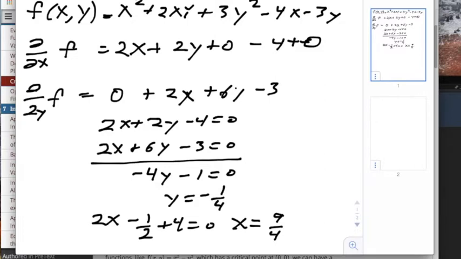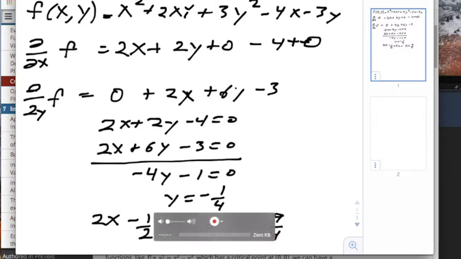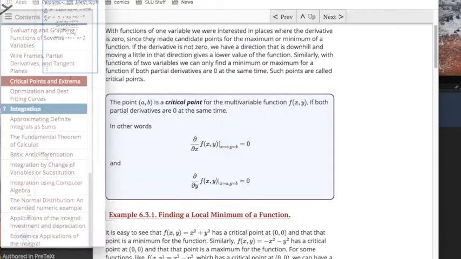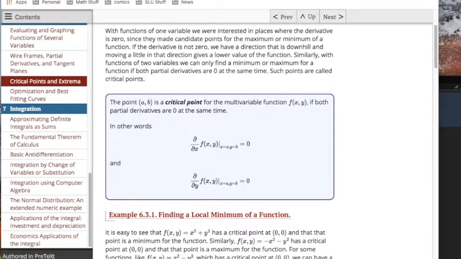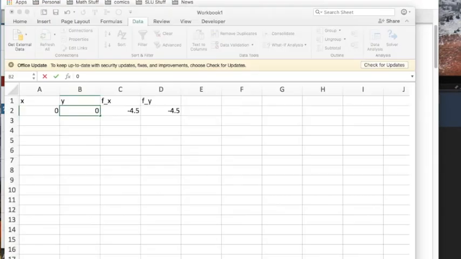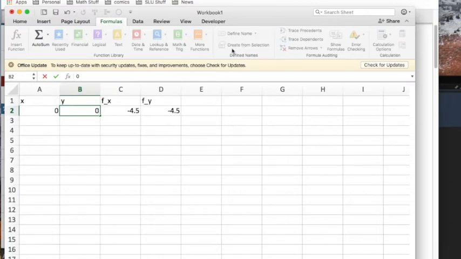However, for most of the people in the class, algebra hasn't been their friend, and we'd like to be able to use technology. How do I get Excel to find the solution of a system of equations for me? So I'm going to pull this off to the side, pull up Excel, and take what I've already done so far. I'm going to look at my formulas.